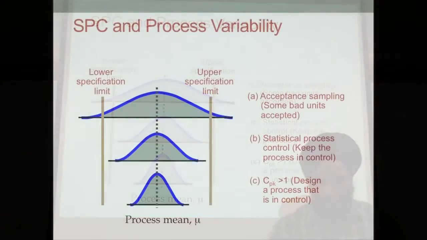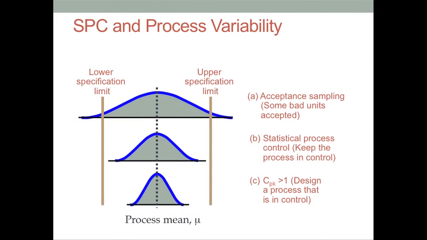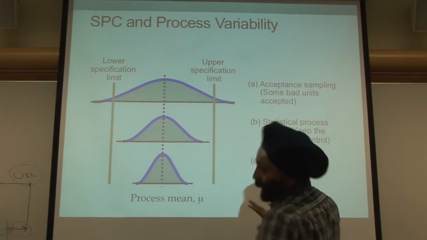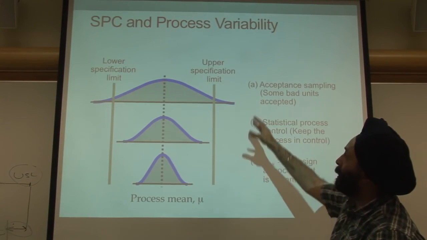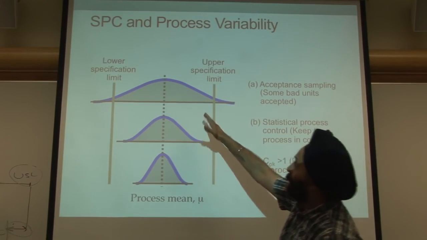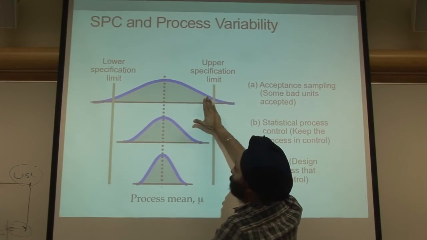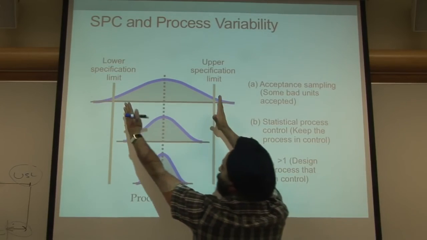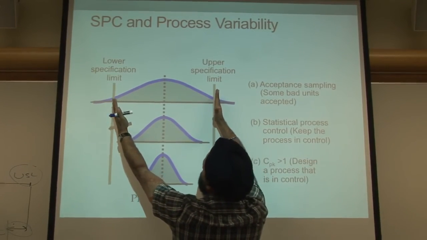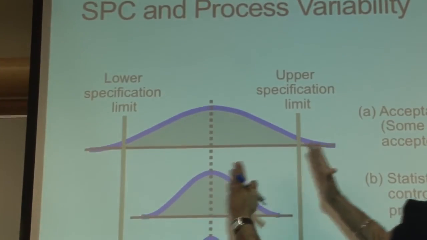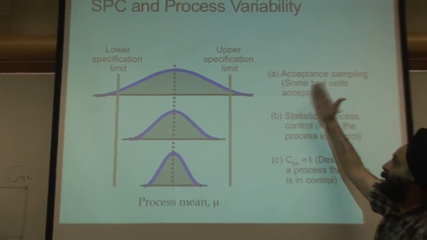So that's where one has to look into and see, you have certain things that one can do in terms of SPC and process variability. In the first case, when your specification limits are tighter than process variability, you can try to reduce the process variability by acceptance sampling.